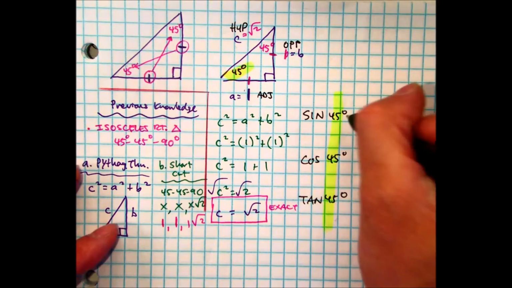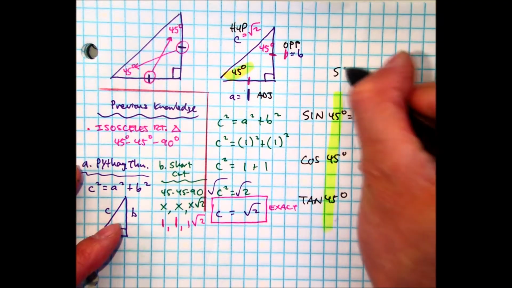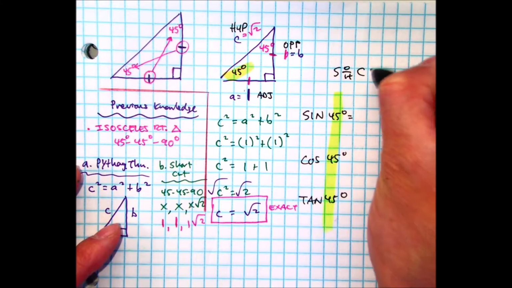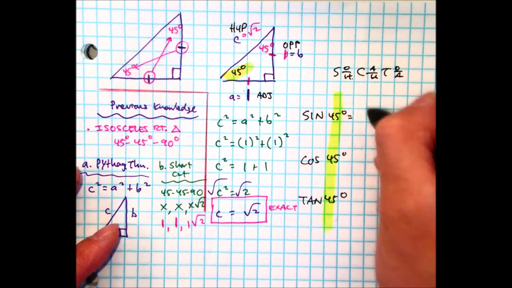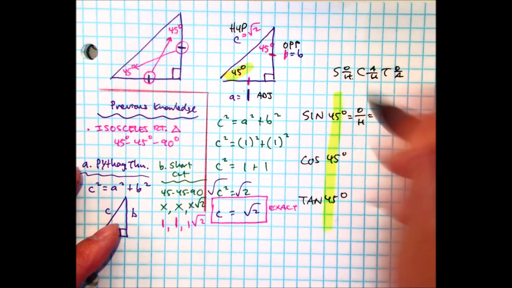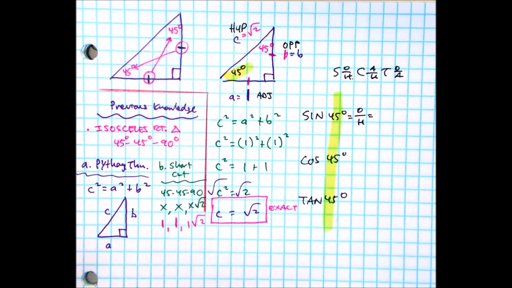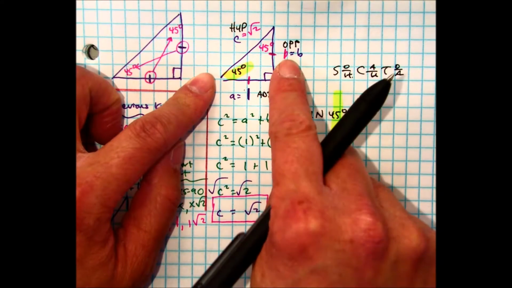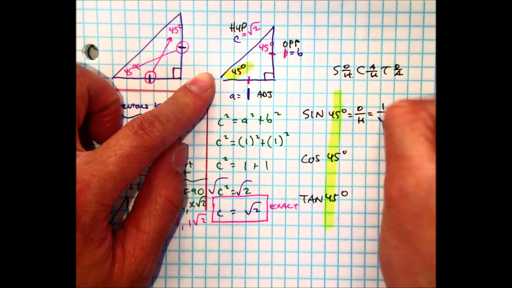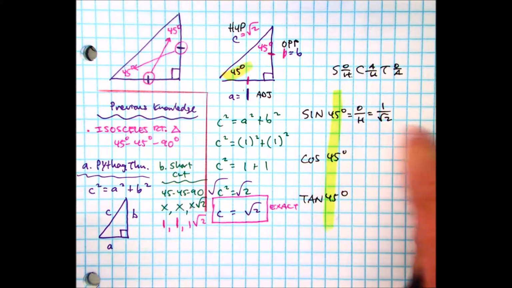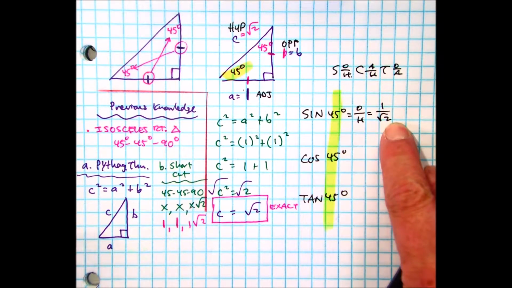Sine of 45 degrees says I need opposite over the hypotenuse. So class, what is the opposite over the hypotenuse? 1 over radical 2. Now pay attention. You can't leave a radical in the denominator.